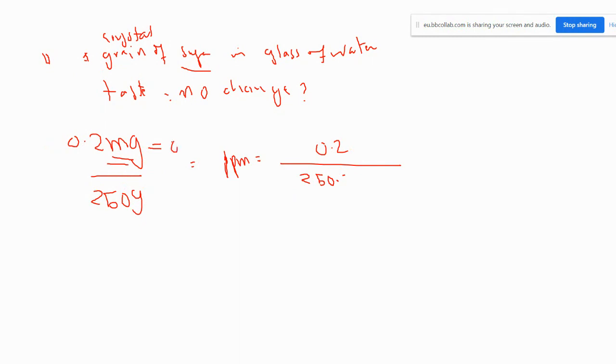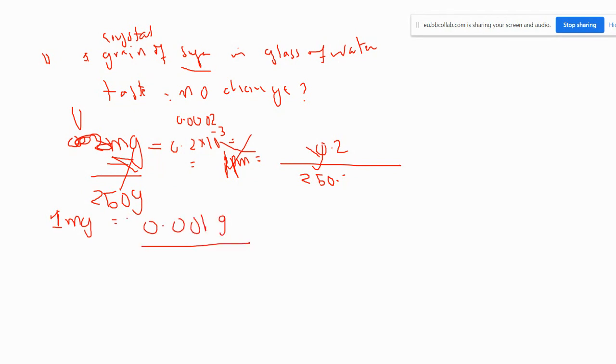Let me say not 0.2 milligram but 1 milligram, to make it easy for ourselves. 1 milligram is equal to 0.001 gram.